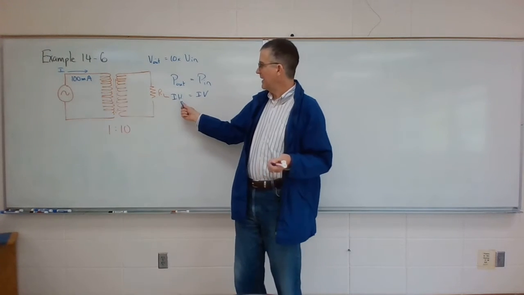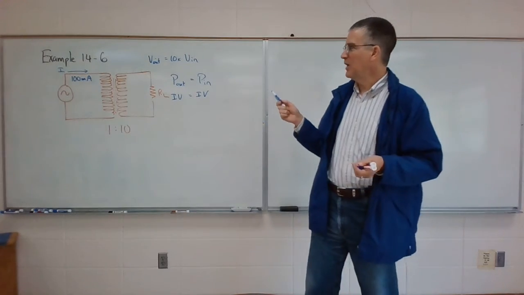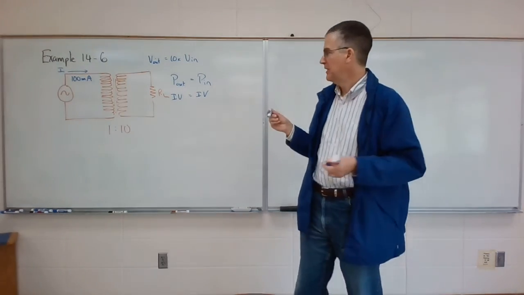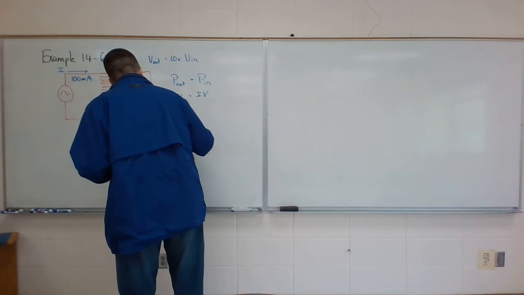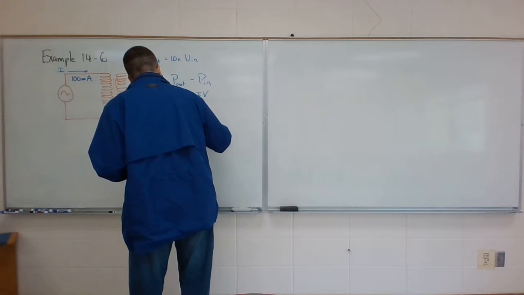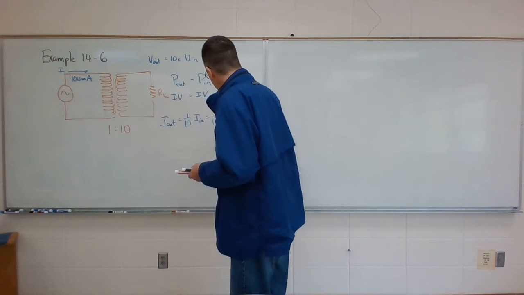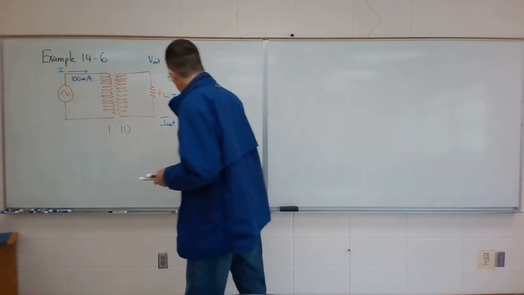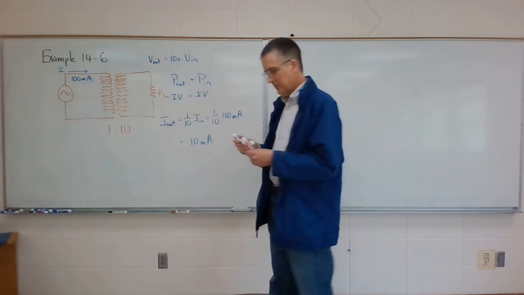So if I get 10 times the voltage out, then I'm going to have 1/10 of the current out. Okay? So the current out will be 1/10 of the current in, which is 1/10 of 100 milliamps, which would be, of course, 10 milliamps.